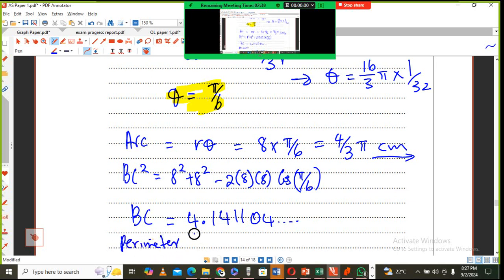I'm looking at the time now. We have 2 minutes. So you have got 4 over 3 pi plus 4.1411. So eventually, that is the answer that you are supposed to get. For BC, sir? No, for the whole perimeter.